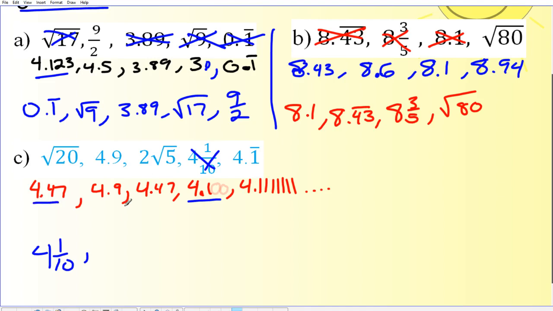I'm just really looking at the first two numbers, the whole number and the decimal. 4.1 is smaller than 4.4 or 4.9. 4.1 is next.